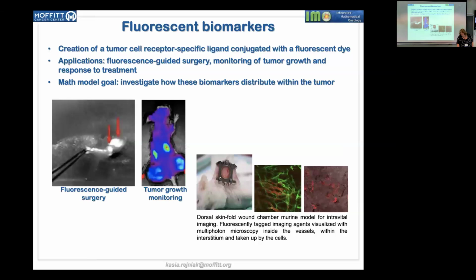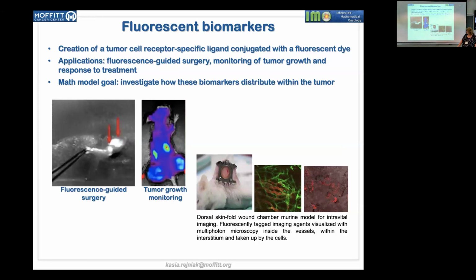Okay, so yeah. With this model, we wanted to look at this biological problem of the fluorescent biomarkers. Our collaborators are developing the ligands, which are conjugated with a fluorescent dye. They have to first find out what are the specific receptors for the given tumor or tumor cell line, then create this receptor-specific ligand.